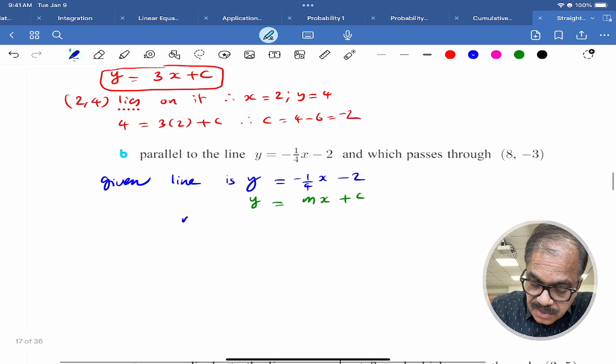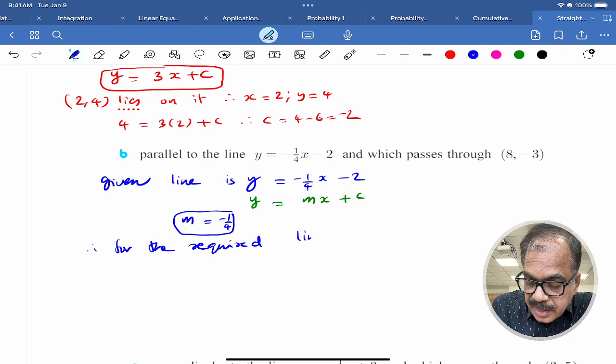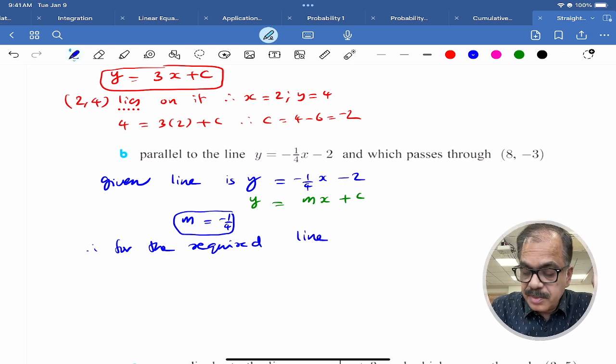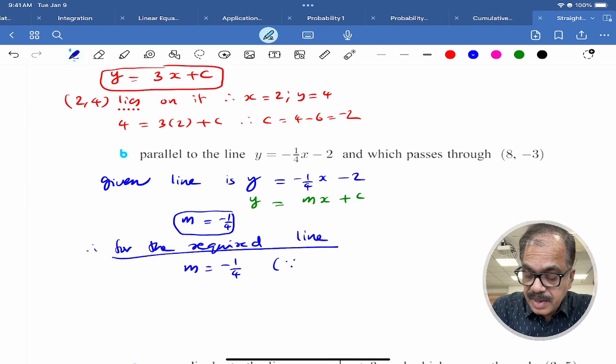Therefore, m of the given line is negative 1/4. Now I'll say therefore for the required line, also the gradient is going to be the same. For the required line, m is going to remain the same because they are parallel. You could just write that reason in brackets, because the lines are parallel.